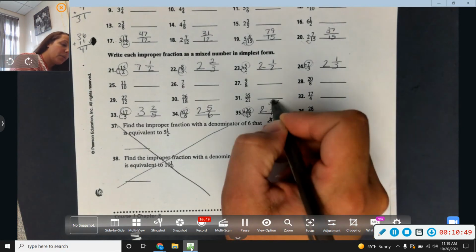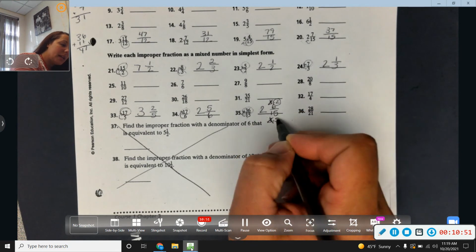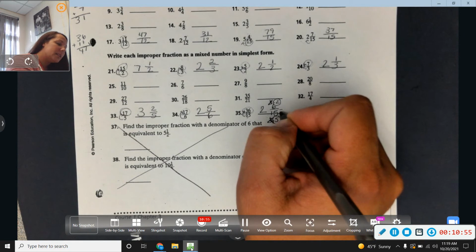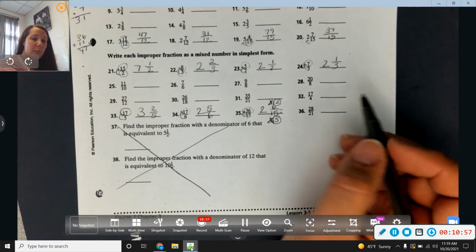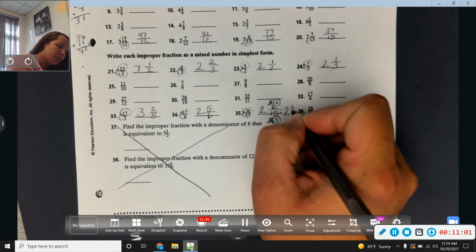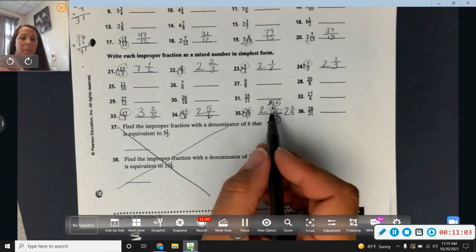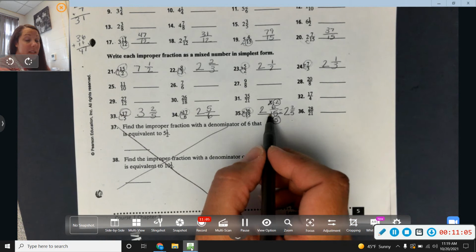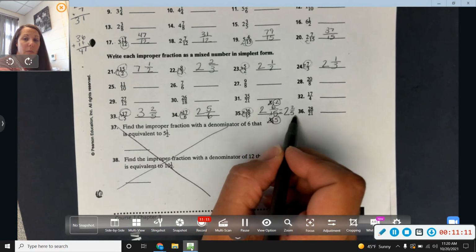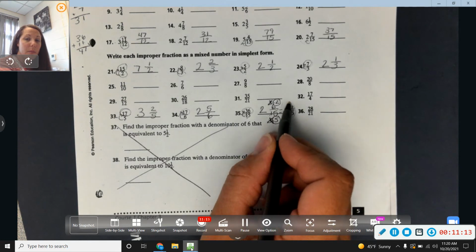So I'm going to get rid of my 3's. I'm going to keep my others. Okay? So the simplest form for this problem is 2 and 2/5. Okay? 2 and 6/15 is not wrong. It's just not in simplest form. So when we divide out, we get this one for simplest form.